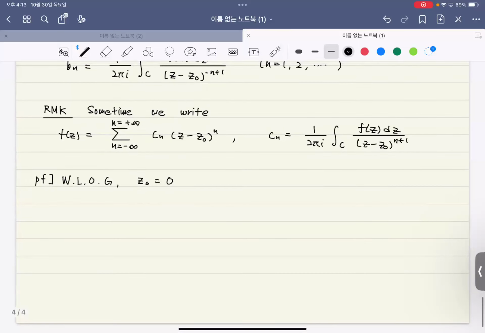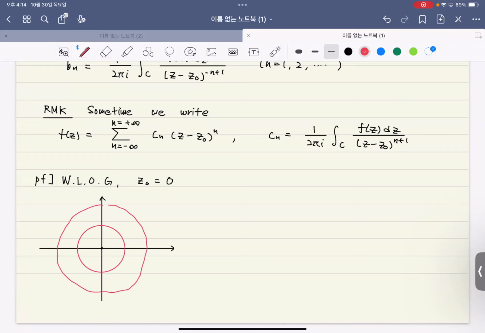Okay, I really want to draw the picture of this. This is the complex plane, and this is the center. I have the inner circle, and this is the outer circle. Oh, sorry, I want my circle to be somehow bigger than this. This is the outer circle.